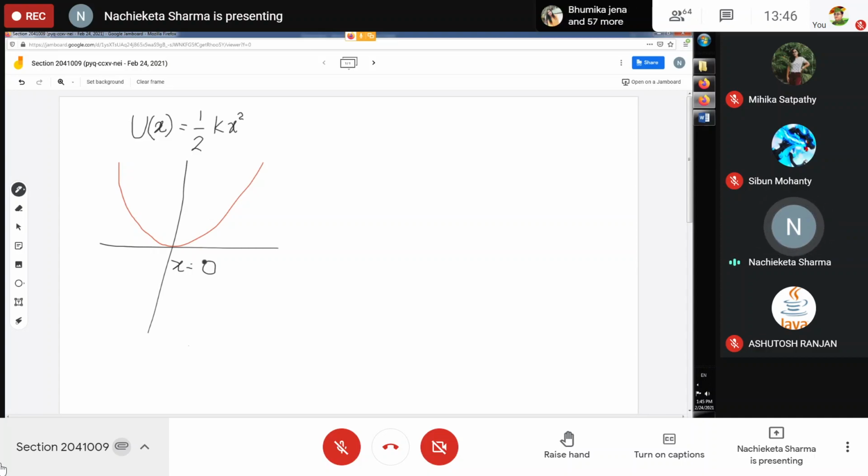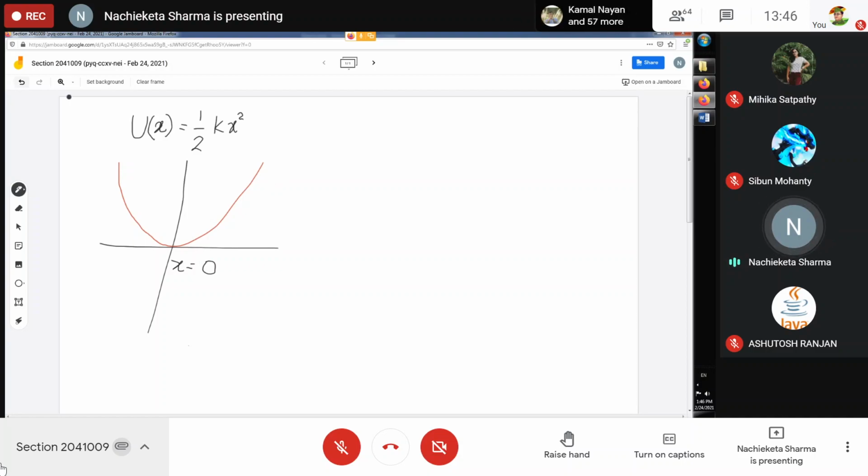But what was the potential energy in the other graph? Potential energy decreases as y decreases in the earlier case. Here potential energy is 0 at x equals 0. For all y, Fy is less than 0, so force pushes the body towards decreasing y. That was the earlier case.